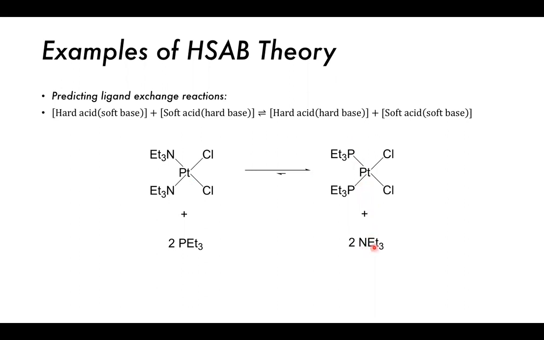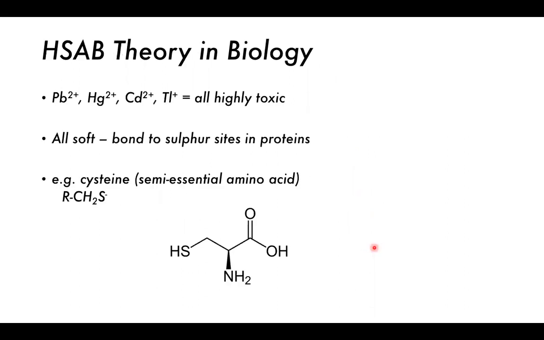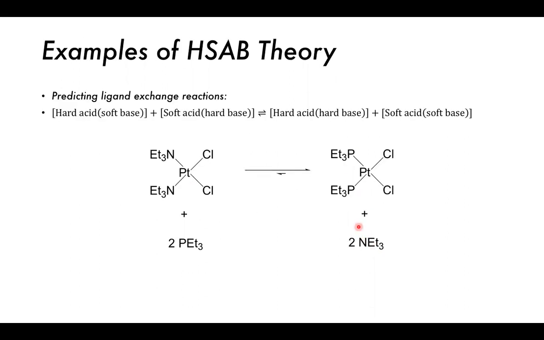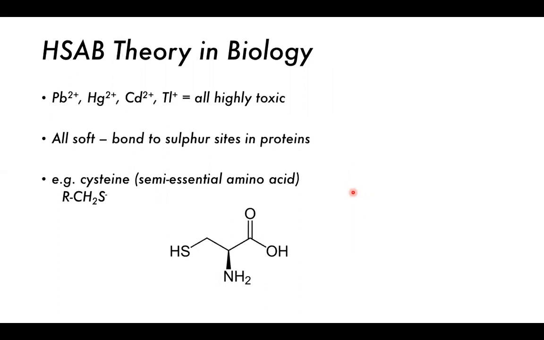The nitrogen ligands are also kind of intermediate. So what's most likely to happen is that the reaction would proceed, that we would probably see the replacement of the ligand by the phosphorus ligand, this triethylphosphine, because of this combination of hard, soft, or intermediate, depending on what it is.